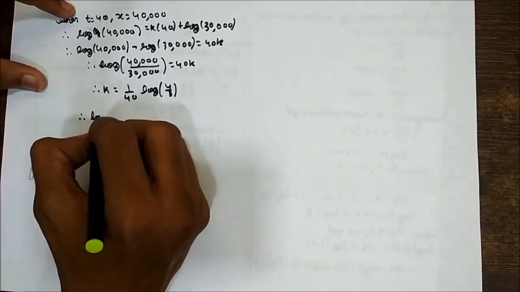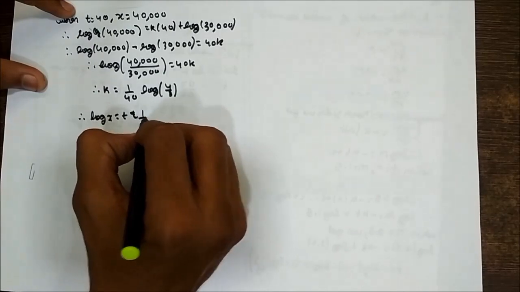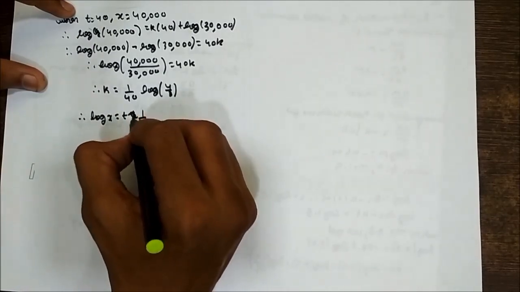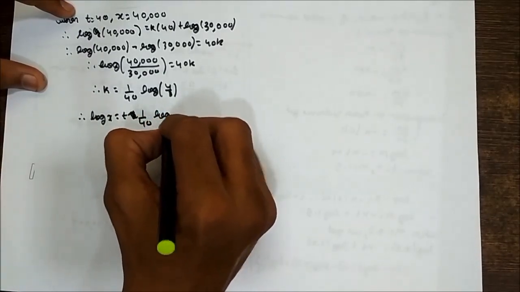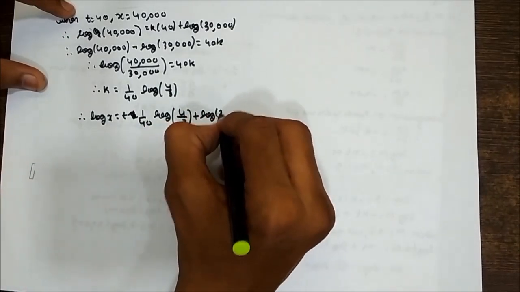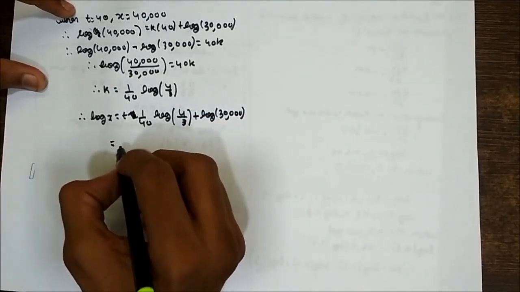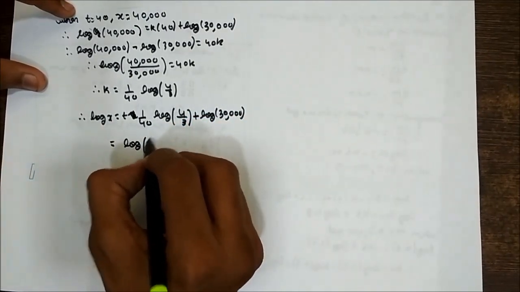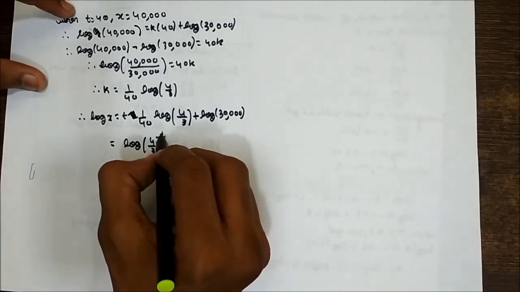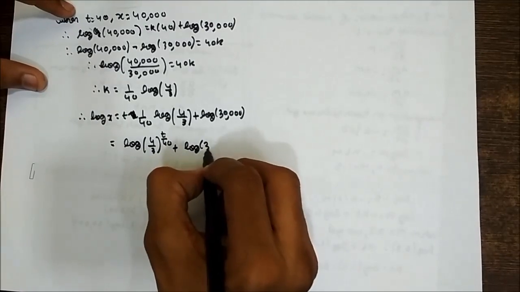Therefore log x is equal to t times 1 upon 40 log 4 by 3 plus log 30,000, which is log of (4 by 3) raised to t by 40 plus log 30,000.